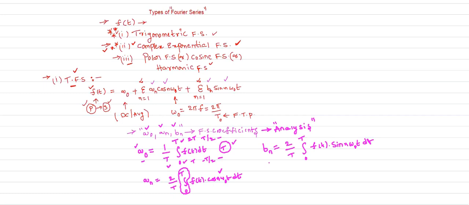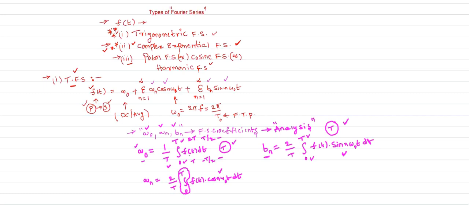In the calculation of bn also, the integral limits are always over the time period, 0 to t or t to 2t. When we subtract the lower limit from the upper limit, we always get the time period. Like that you need to do the integration over the time period. In the calculation of bn we have the sine function, sin n omega naught t.